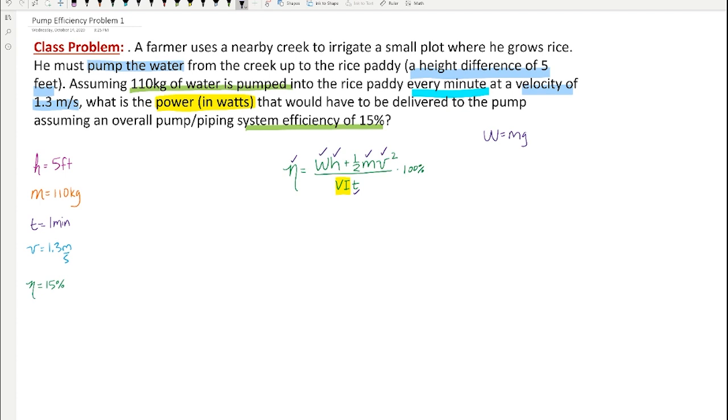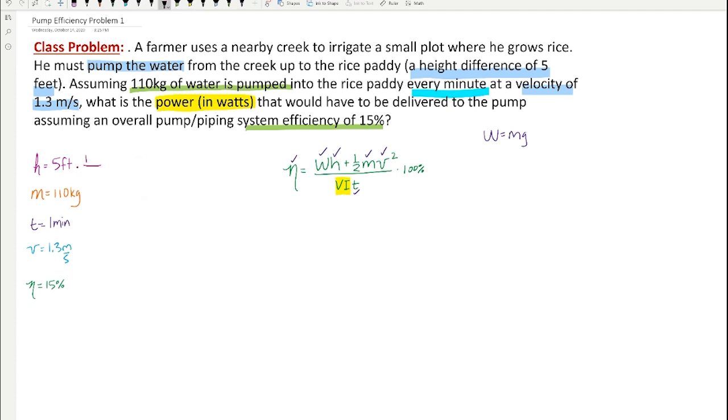However, before I do that, I need to make sure all my units are in the right form. Whenever I'm working with these pump efficiency problems, I always want to work with metric units. I see that my height is 5 feet, so that's the first thing I want to change. I want to change 5 feet to meters.